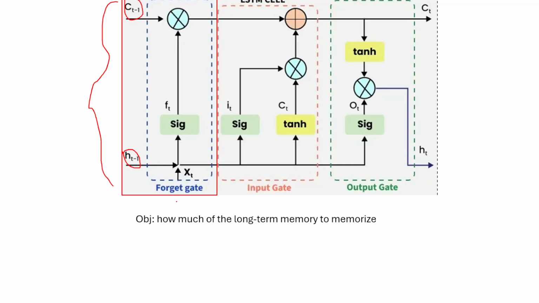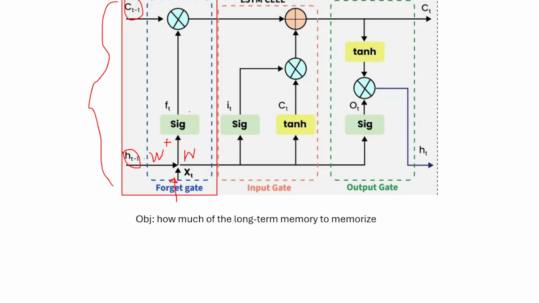So when we introduce the new input from our dataset, we multiply it by a random weight, and add it to the previous short-term memory multiplied also by a weight. These two weights do not have to be the same values. And then, of course, we add them to the bias.